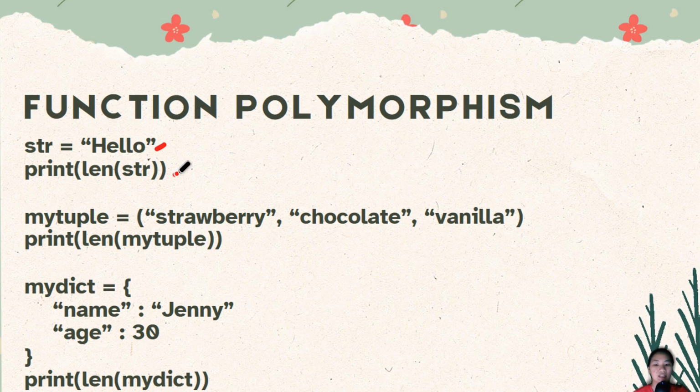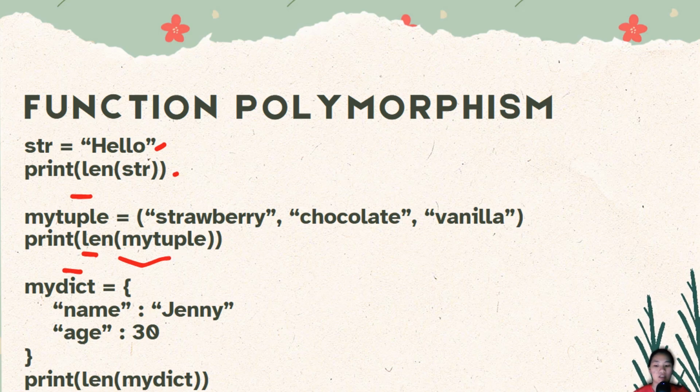And the length function here is polymorphism. Length can be reused for not only string, but tuple and dictionary as well. As you can see, print length my tuple, and then print length my dictionary.